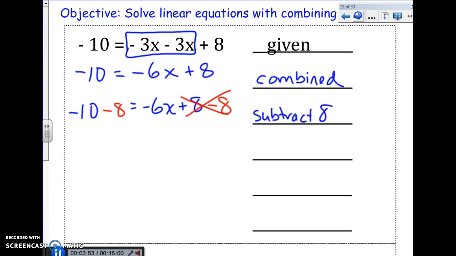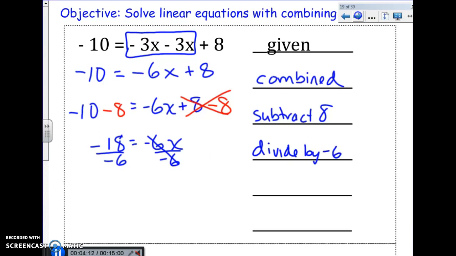And I'm left with negative 18 equals negative 6x. Make sure that you're adding your signs correctly. Next, I'm noticing that it's negative 6 times x. So I'm going to divide both sides by negative 6. And my final answer is 3, which is positive, equals x.